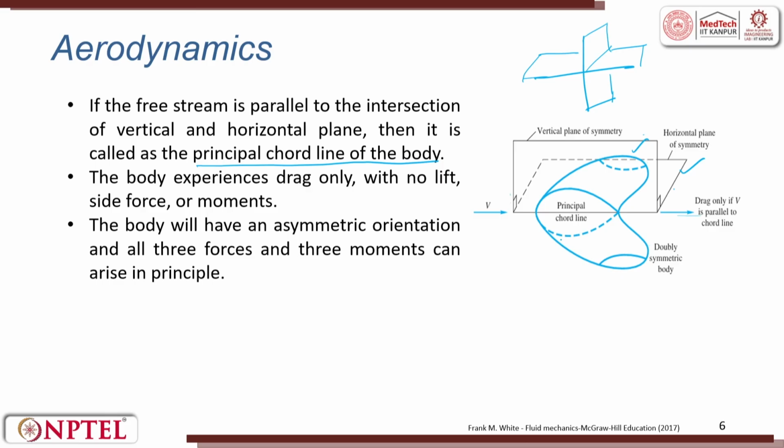So, this is the body, and this line is called as the principal chord line, right. So, the body is trying to swing. So, you can see here, this is the doubly symmetric body, which moves to this position. The body experiences a drag only with no lift, side force or moment. The body experiences only a drag force.